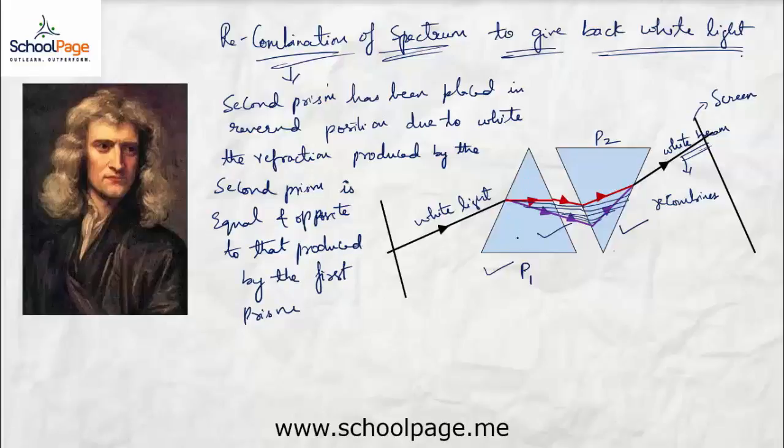So hence this is how Newton explained recombination of spectrum colors to give white light.